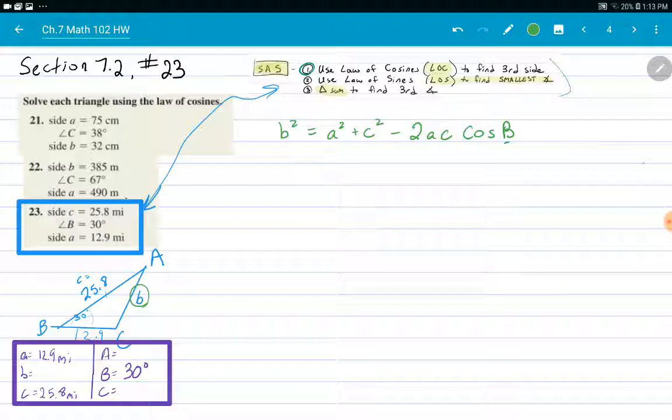So I have everything on the right. I'm just going to plug that in. A is 12.9, squared. C is 25.8, squared. Minus 2 times A, C, and then cosine of B, which is 30 degrees.